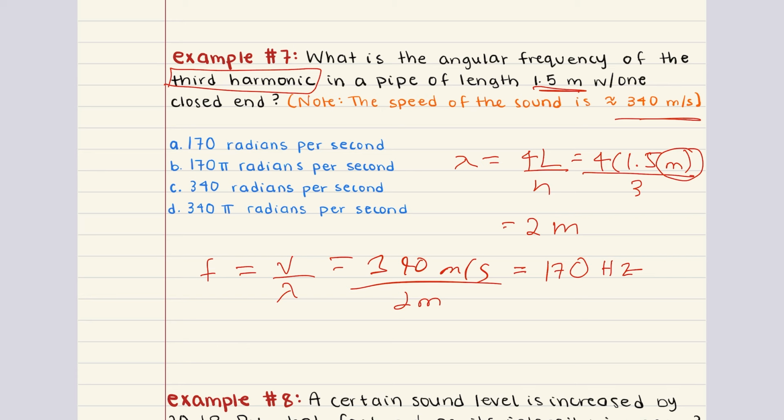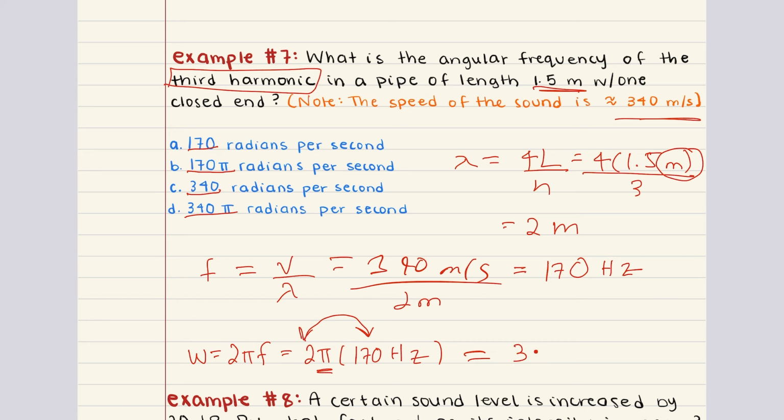Now we need to convert frequency to angular frequency. Angular frequency is equal to 2 pi multiplied by frequency. So this is going to be 2 pi multiplied by 170 hertz. Now noticing our answer choices here, we have 170, we have 170 pi, we have 340, and 340 pi. So it doesn't seem like they multiplied pi out. So all we have to concern ourselves with is multiplying 2 by 170.